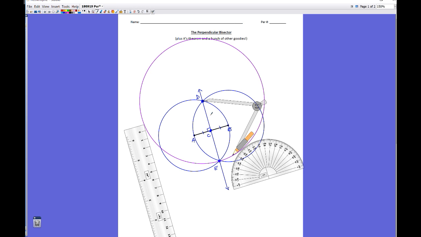And then I want to find its intersecting circle of equal size where my compass point is at point E. Okay, so I'm going to come down here to point E, and I want to make an intersecting circle that goes through point D like that.